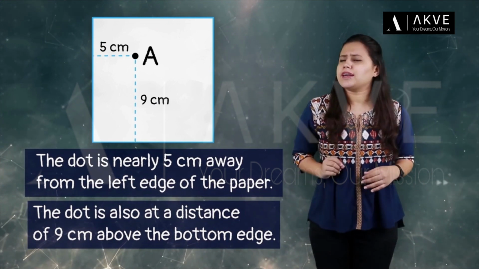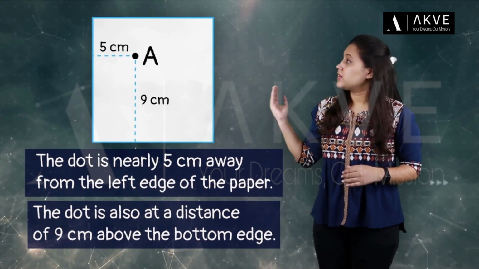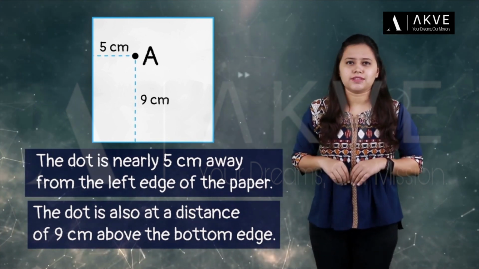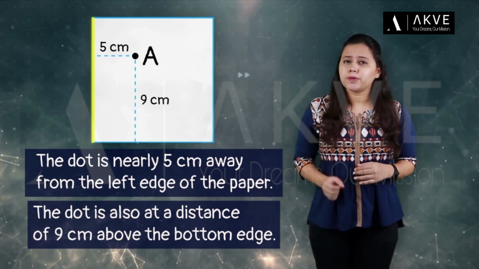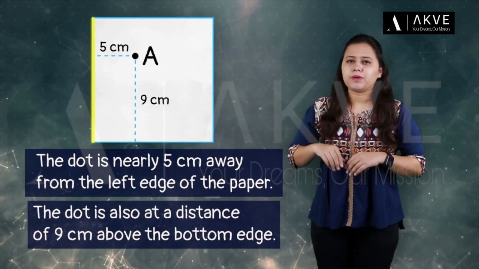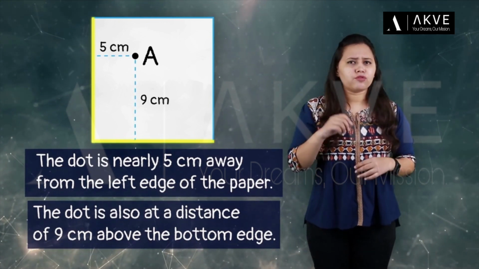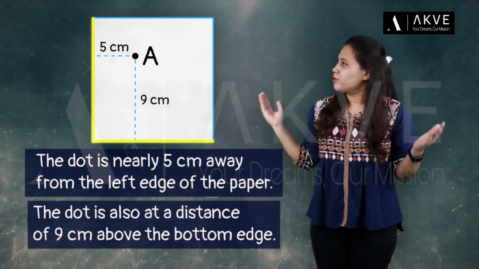So, to exactly locate the dot, we fixed its position by specifying its distance from two fixed lines, the left edge of the paper and the bottom edge of the paper. In other words, we need two independent pieces of information for finding the position of the dot.